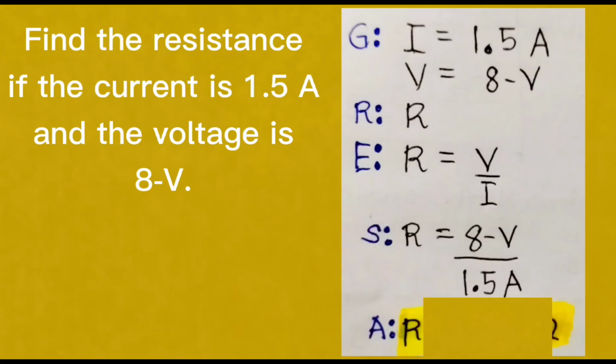The solution is resistance equals 8 volts divided by 1.5 amperes. What is your answer? Resistance equals 5.33 ohms.